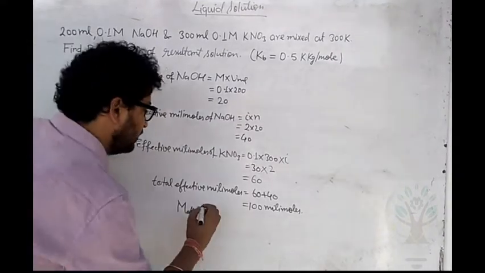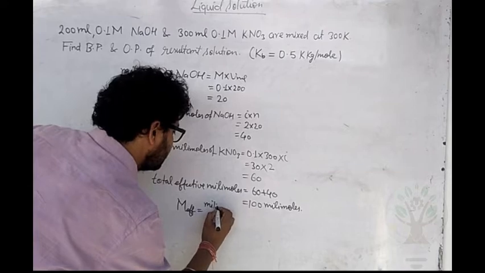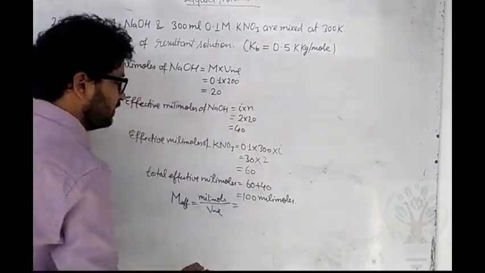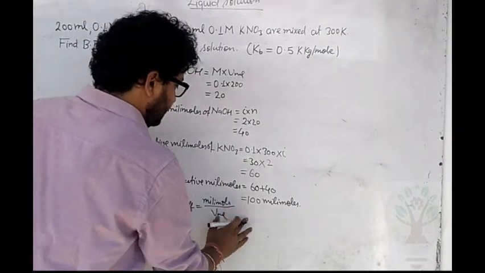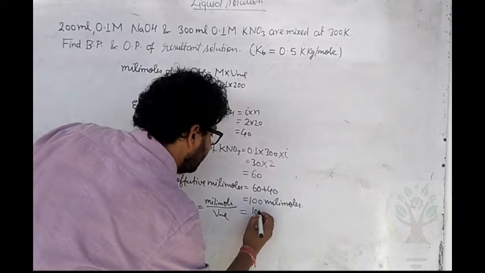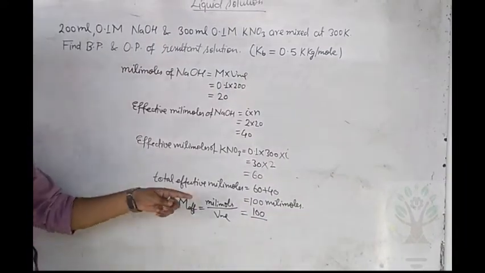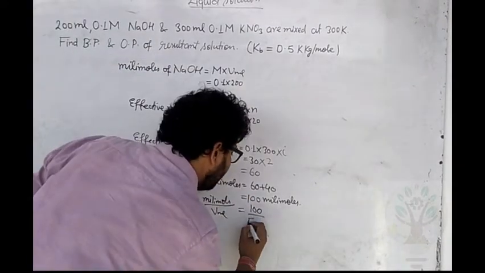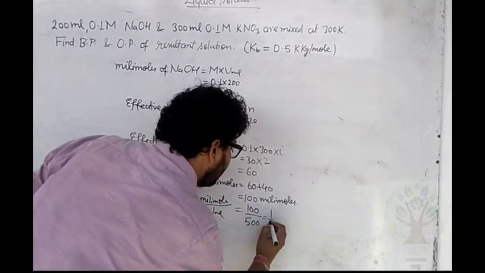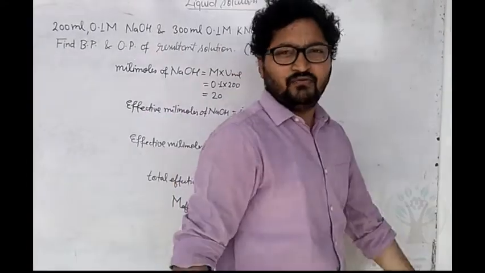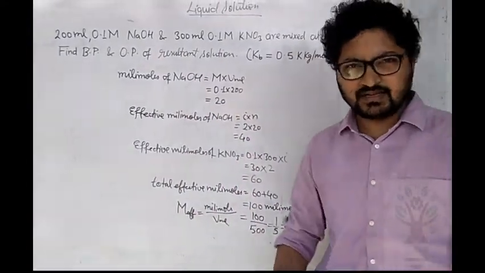Effective molarity will be millimoles divided by volume in ml. Now tell me what is the effective millimoles we have? Effective millimoles we have 100, divided by what is volume in ml? 200 ml and 300 ml are mixed. So effective volume will be 500 ml. That means 1 by 5, means 0.2. This is the effective molarity of our solution.